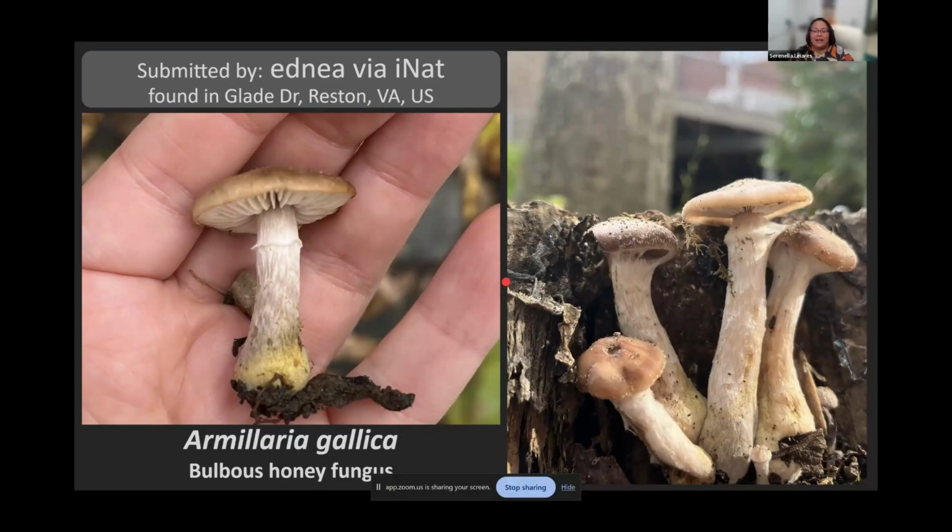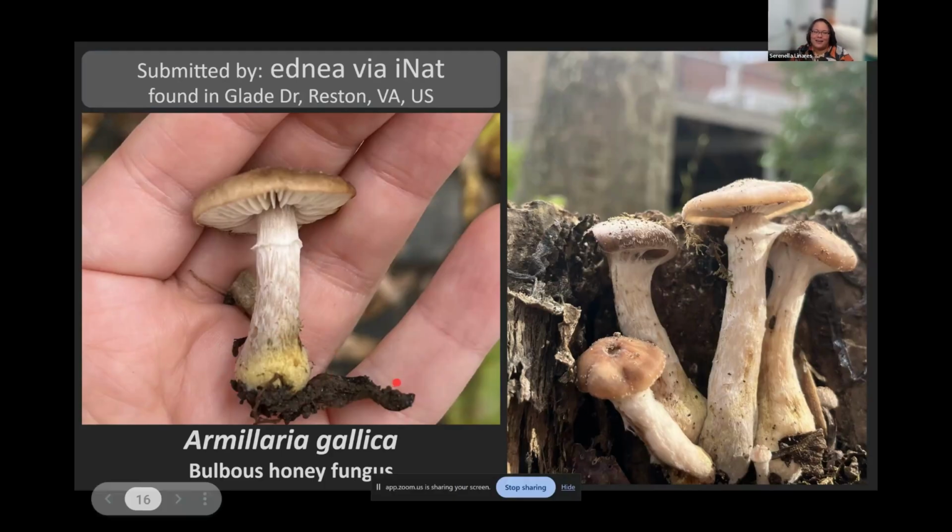But Armillaria gallica usually fruits on wood that is visible to your eyes. And a telltale sign that this is gallica and not any other species is in the common name, the bulbous honey fungus. If you take a look at the picture on the left hand side, you can see that bulb at the base of the mushroom that is wider than the rest of the stem.